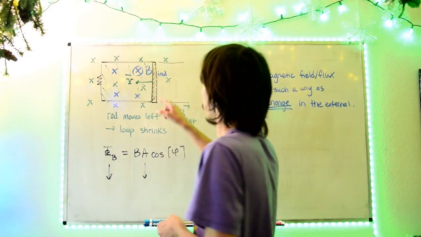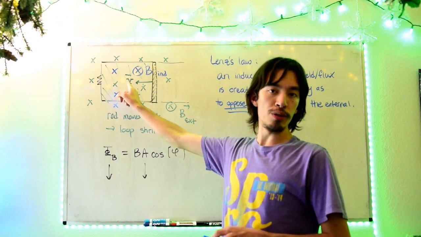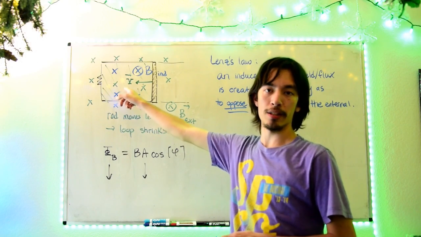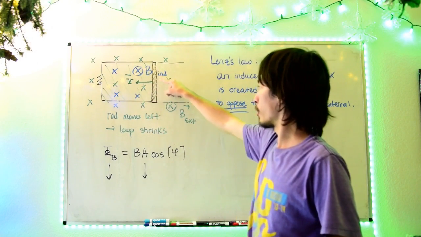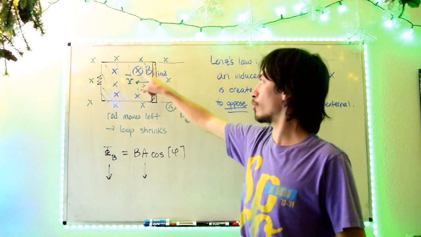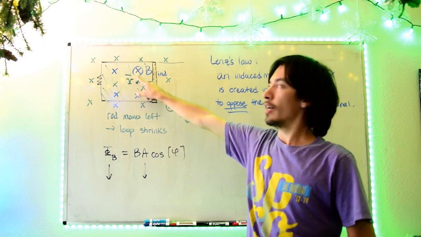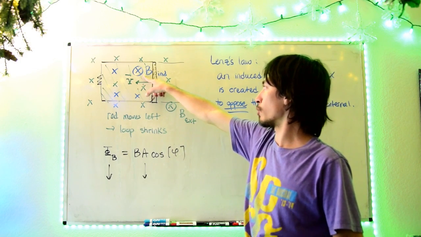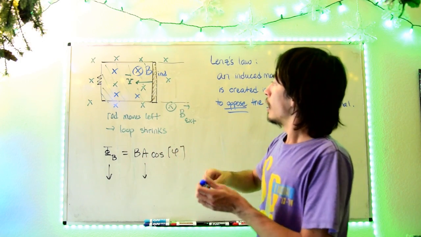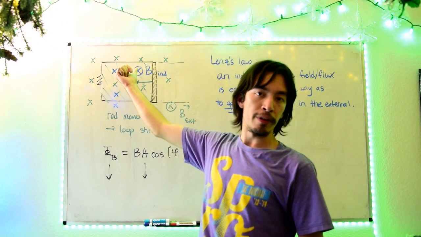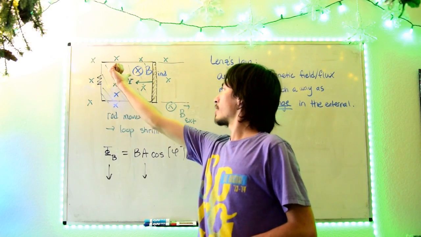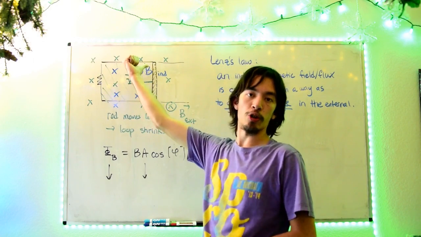Now, you're going to pay attention to the induced magnetic field because the loop creates a current which creates this magnetic field, the induced one. Remember, that's the one that's internal to the system. So you have to use your right-hand rule here to figure out which way the current flows based on this induced or internal magnetic field.